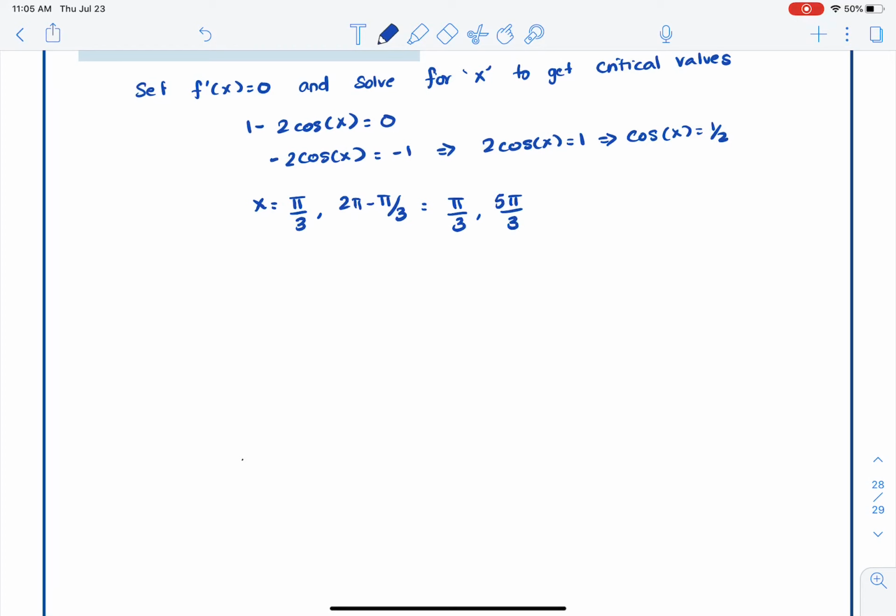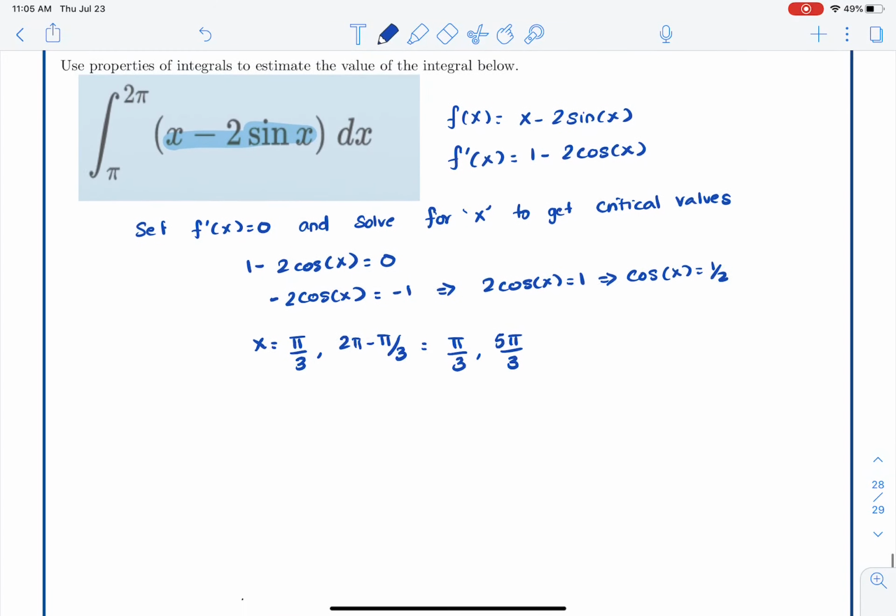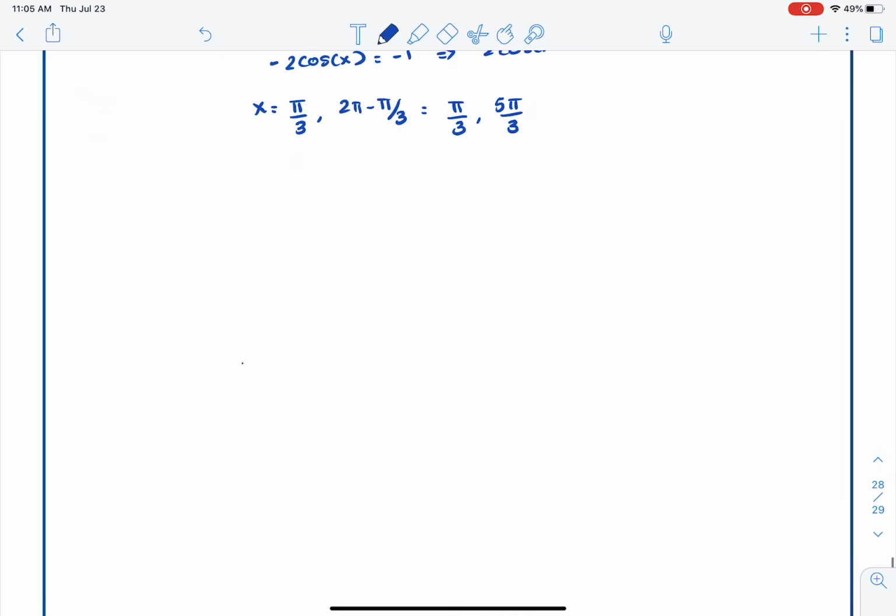Now, we can't have pi over 3 because pi over 3 lies outside pi to 2 pi. So all we have is pi, 2 pi, and 5 pi over 3. And we've got to pick an easy number between pi and 5 pi over 3.